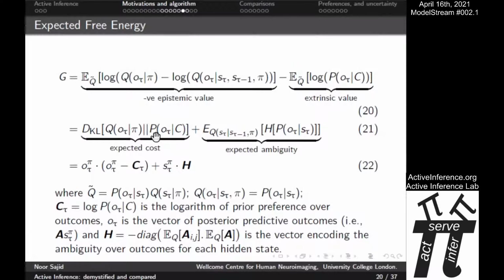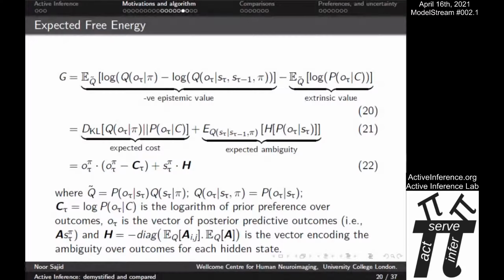And the latter bit is more pragmatic, and it encourages exploitative behavior through this understanding of the type of policies that the agent would prefer to reach. In other words, the expected free energy formulation in equation 20 is essentially treating exploration and exploitation as two different ways of tackling the same problem: minimizing uncertainty, that I mentioned at the start of the presentation.